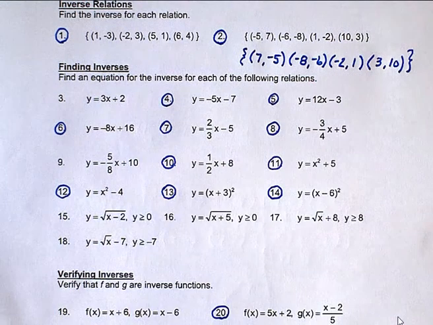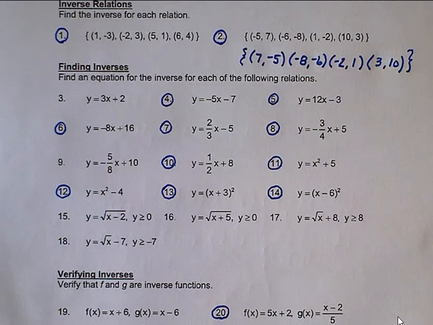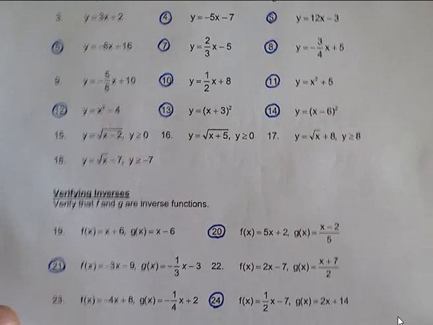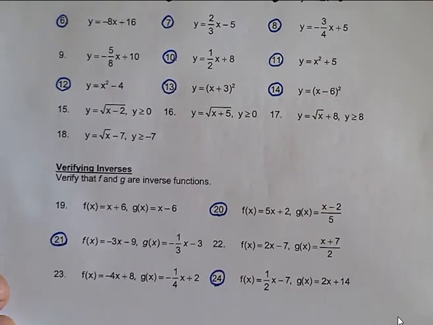That's it. Now, for 4 through 14, find an equation for an inverse given a function. I don't have a whole lot of room here, so I ask that you do these on a separate piece of paper.